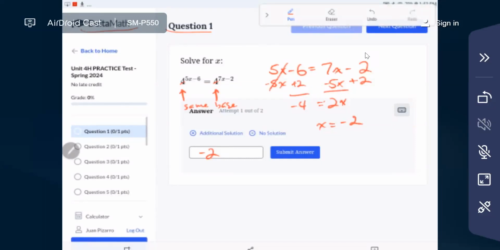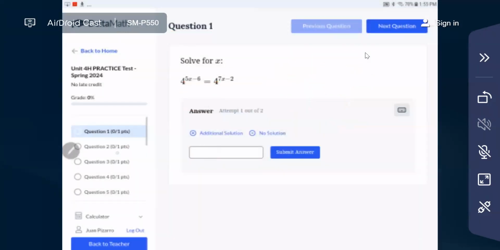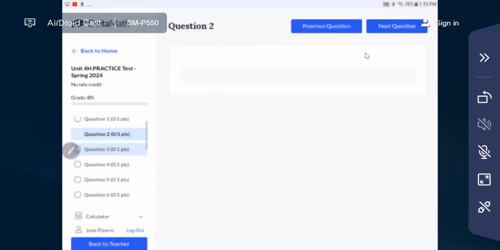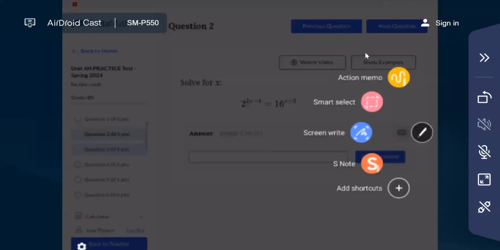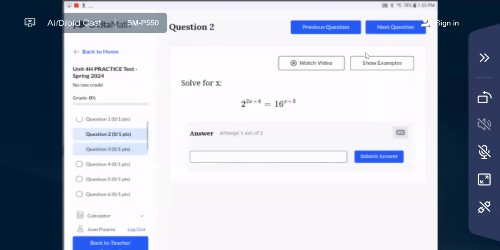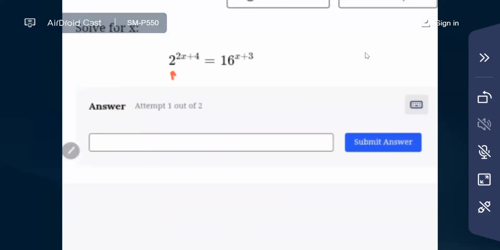All right, let's go on to the second question. All right, so here we notice that the base is not the same.